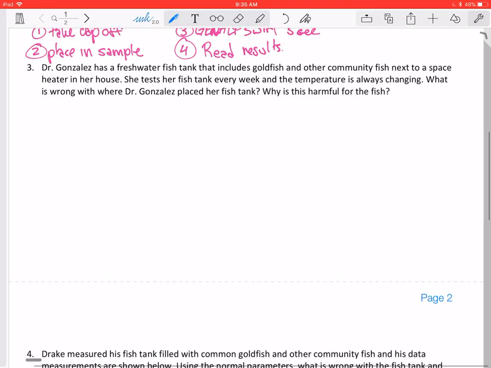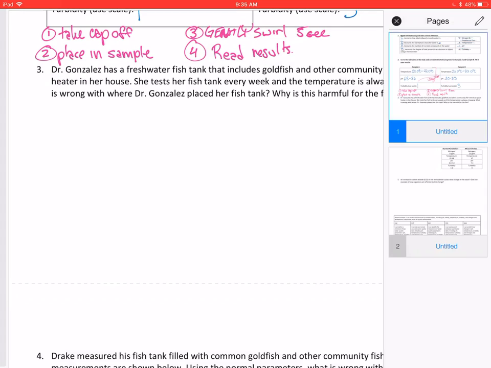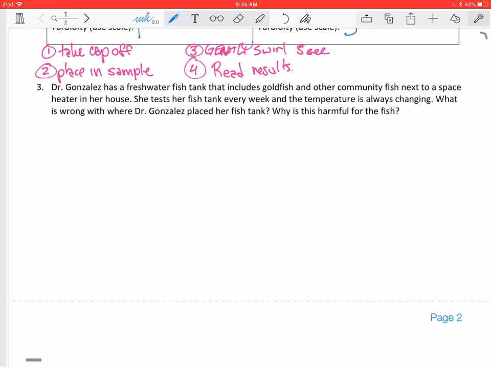So Dr. Gonzalez has a freshwater fish tank that includes goldfish and other community fish next to a space heater in her house. She tests her fish tank every week and the temperature is always changing. What is wrong with where Dr. Gonzalez placed her fish tank, and why is this harmful for the fish? So the first thing it wants to know is what is wrong with where Dr. Gonzalez placed the fish tank.